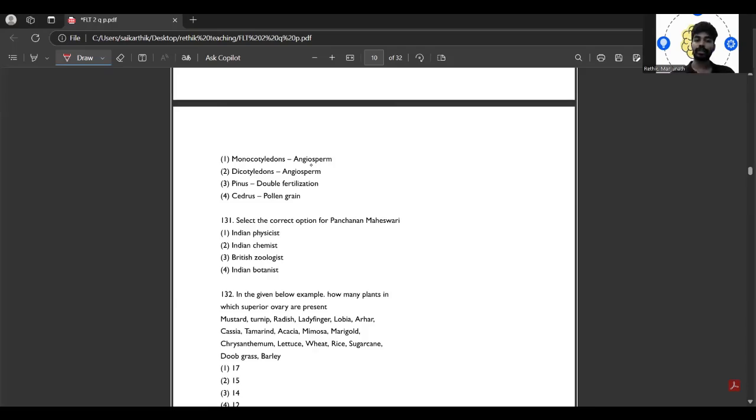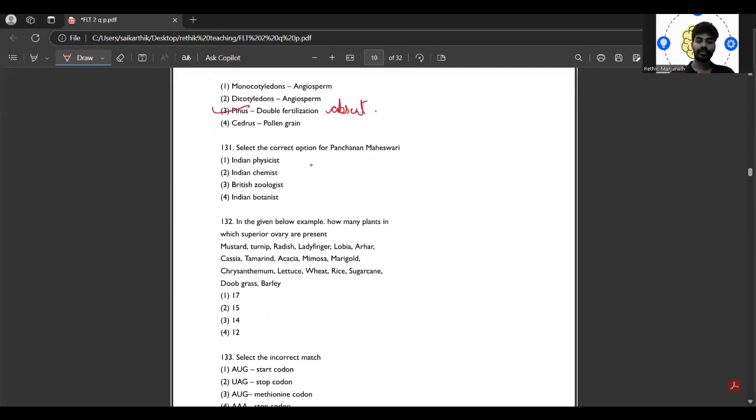So here double fertilization is absent. So option 3 would be the correct answer, because double fertilization is found only in angiosperms, right? So for Pinus, double fertilization is incorrect.